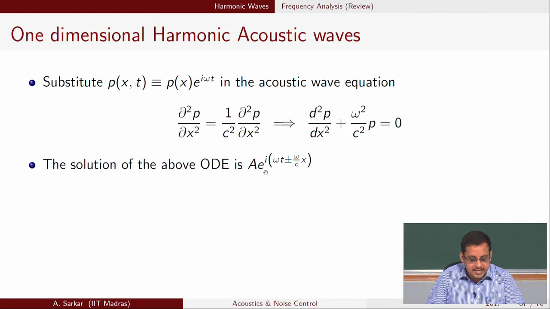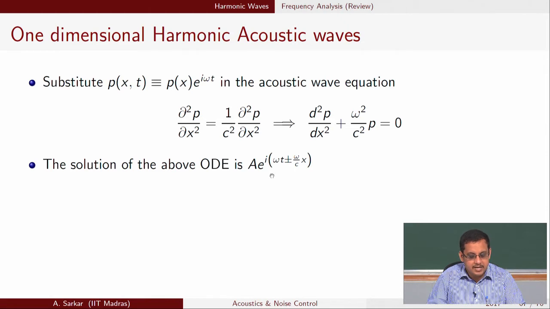What we are seeing here is that the solution is given in its functional form as e to the power i omega t plus or minus omega by c times x, together with an undetermined constant A, which has to be determined.